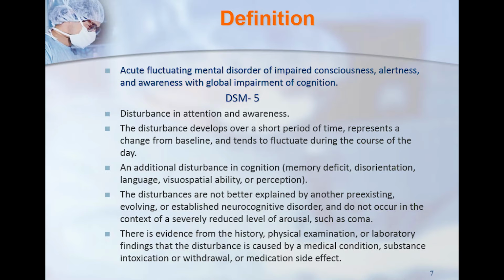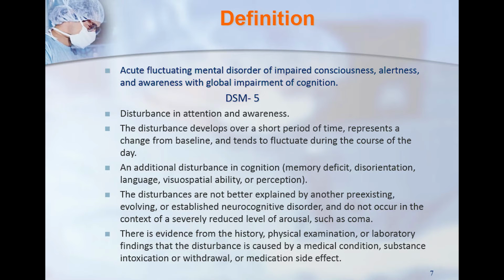Or substance intoxication, like Benadryl or barbiturate overdose, or alcohol withdrawal, or another medication's anticholinergic side effects. When these criteria are met, you can say delirium. Delirium is not just a confusion.